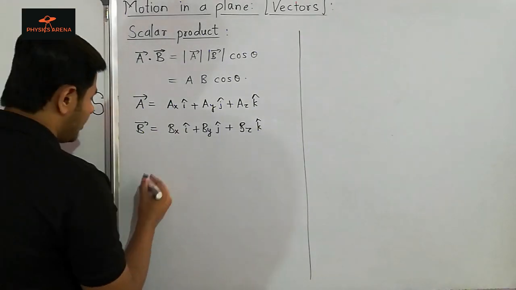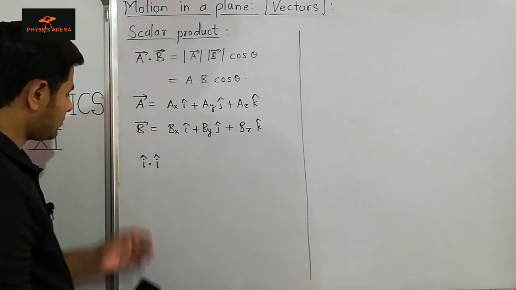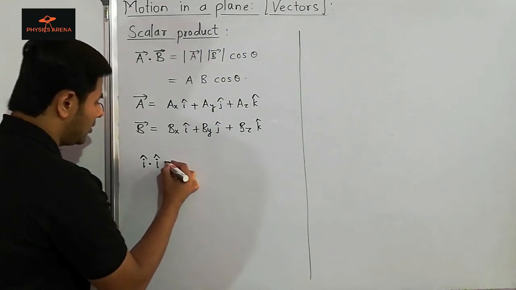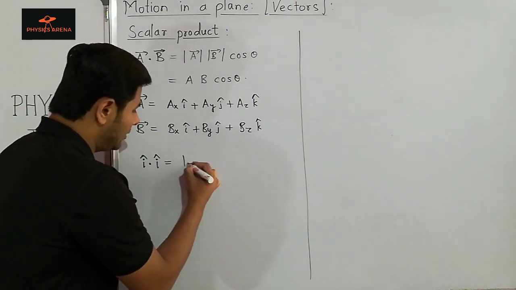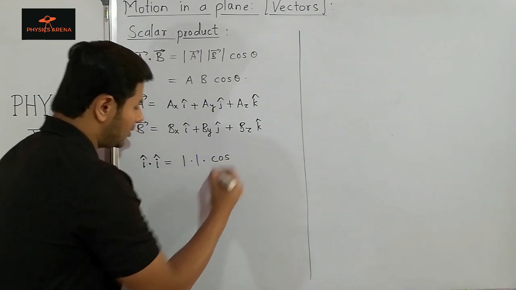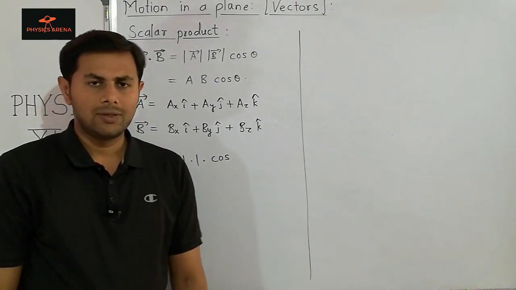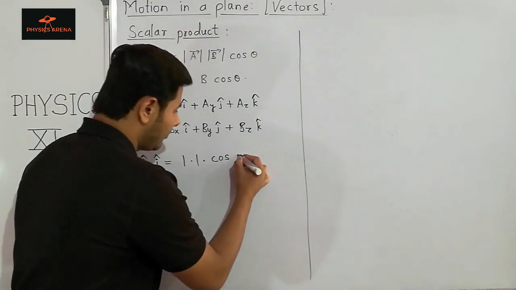So see, what will be i cap dot i cap? These are unit vectors along the x-axis. So it will be the magnitude of i, which is 1, times the magnitude of this i, which is 1, multiplied by the cosine of the angle between the two. They are both along the x-axis, so the angle is 0.